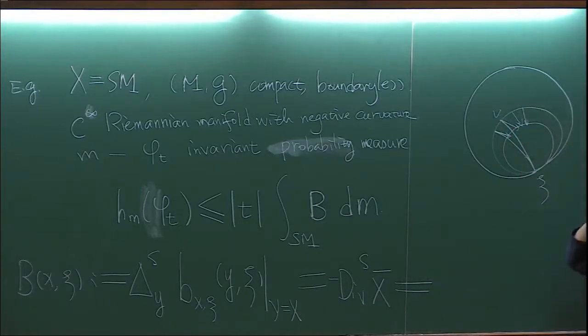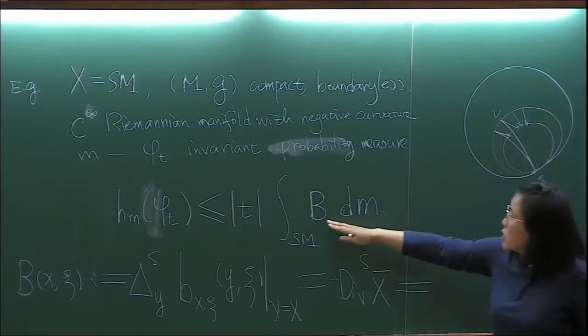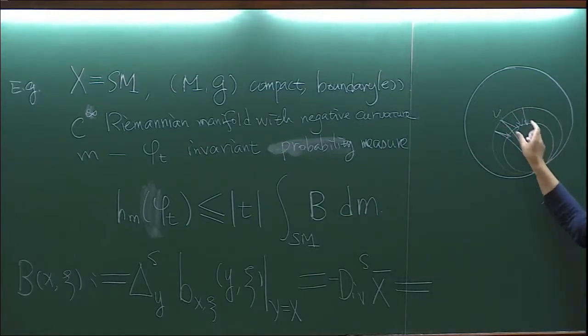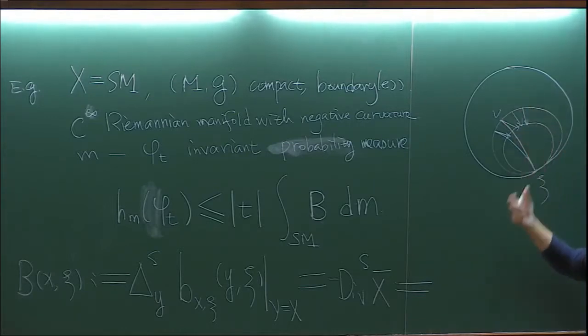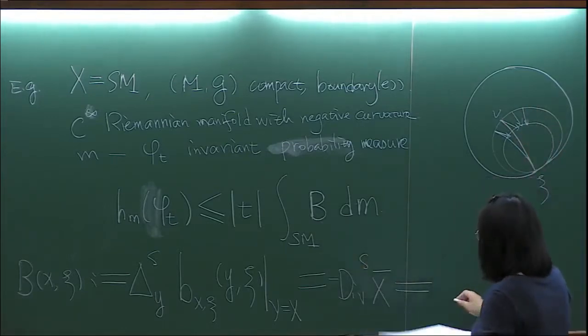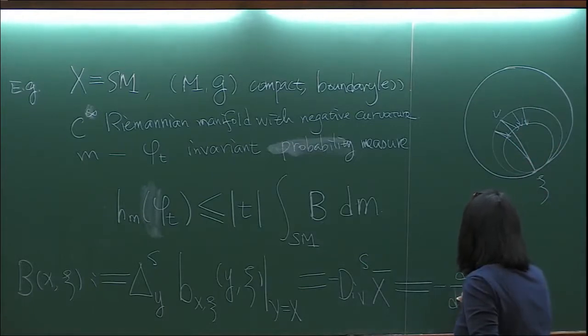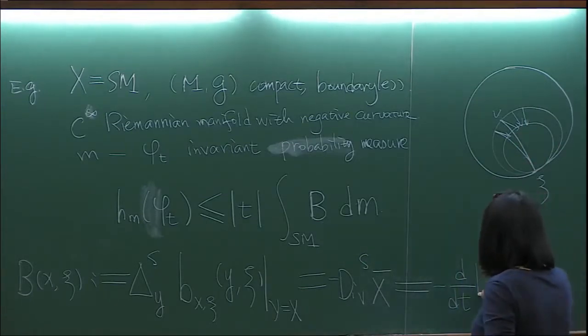But if you are not familiar with this geometry, one way you can think of it is what I said. This B tells you the contraction ratio of volumes when you restrict yourself to the contracting directions and travel along this flow to see what the contraction ratio is. So this is the B that I put there in the last lecture.